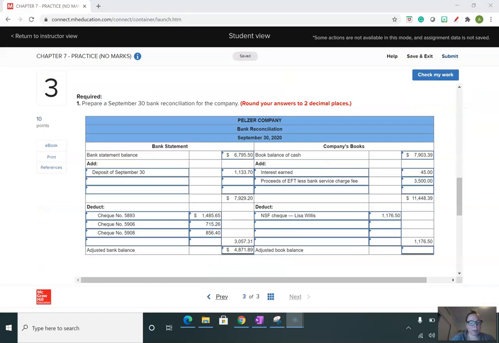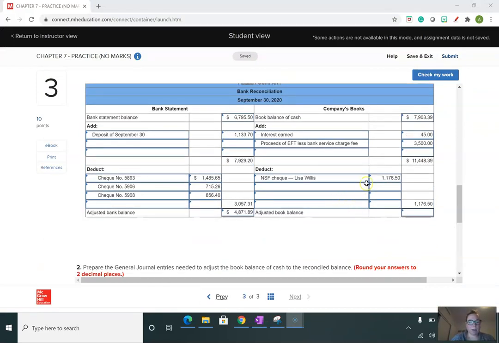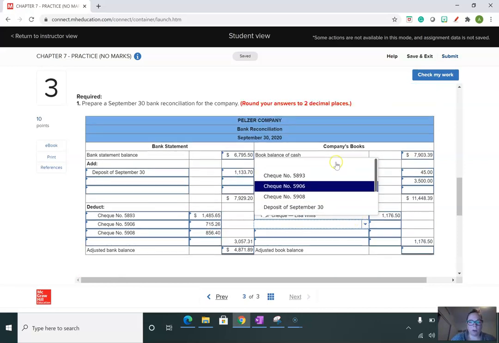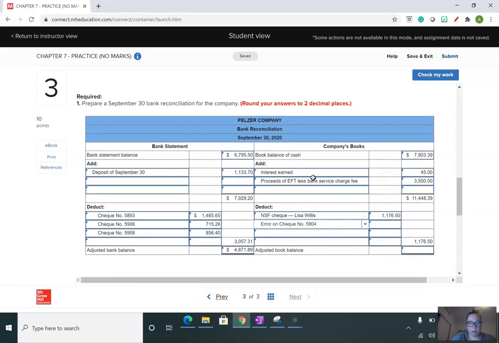So I know that could be a little tricky. Another way to do it as well is to just figure out the difference between your adjusted bank balance and what you currently have, and then take the difference, and most likely that's your adjustment. So we'll go to error on check number 5904 for $5,400.